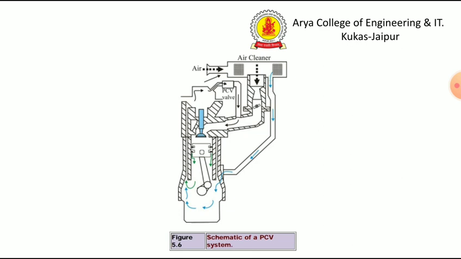These gases are known as crankcase blow-by, and their flow rate increases as the engine wears out, as the piston cylinder clearance and ring gaps increase.